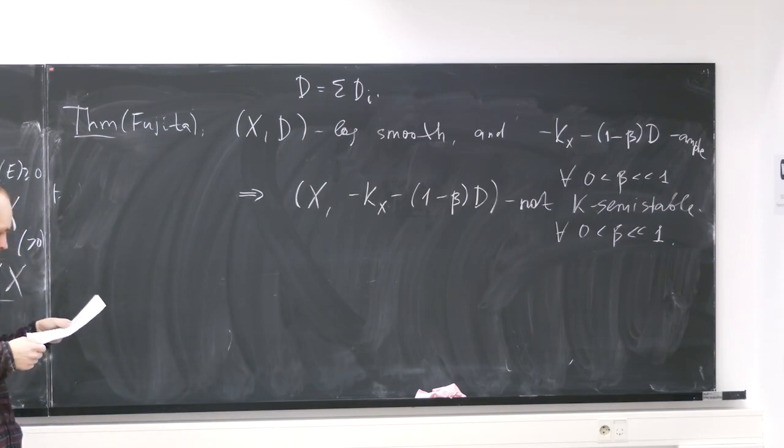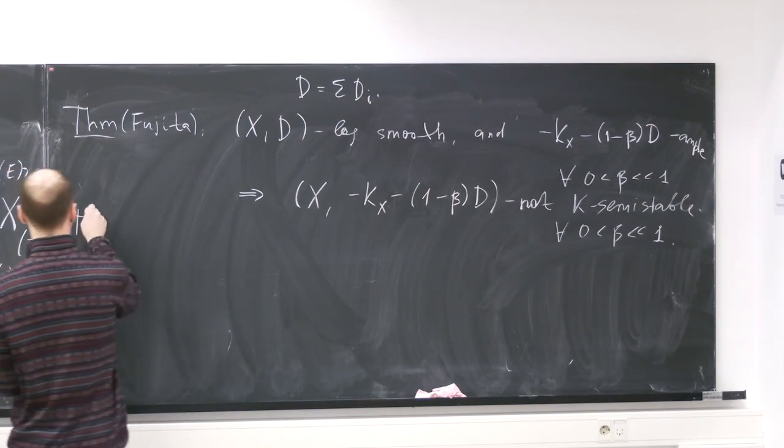Okay. Then how can we check K stability and K polystability? Essentially, my approach is based on two results.